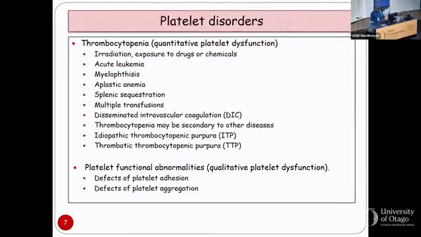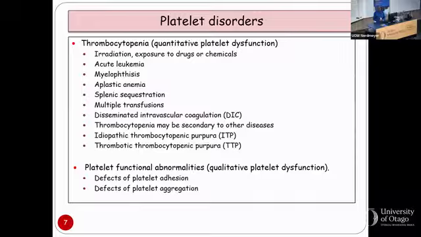Then some platelet disorders. I think it's important to mention that apart from the quantitative ones, the qualitative one that I was going to talk about is the use of aspirin. Because aspirin causes a permanent, irreversible platelet dysfunction.